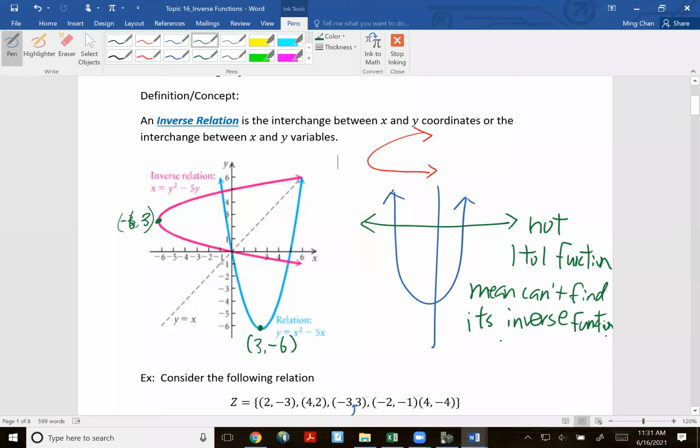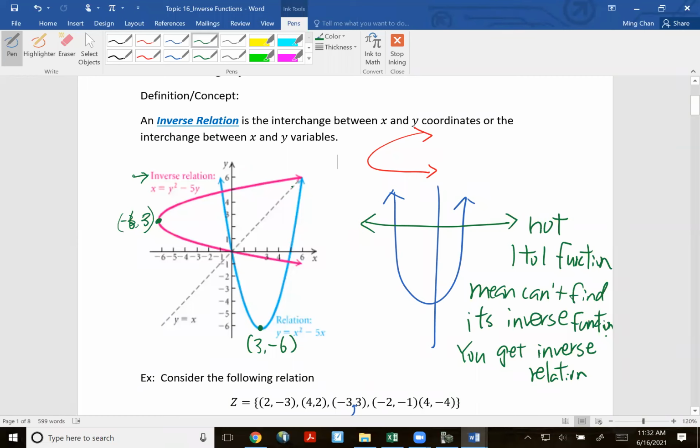So that means you get yourself what? What you so-called an inverse relation. That's why this word is right here. Because the inverse of a parabola is not a function, so we cannot call it the inverse function.